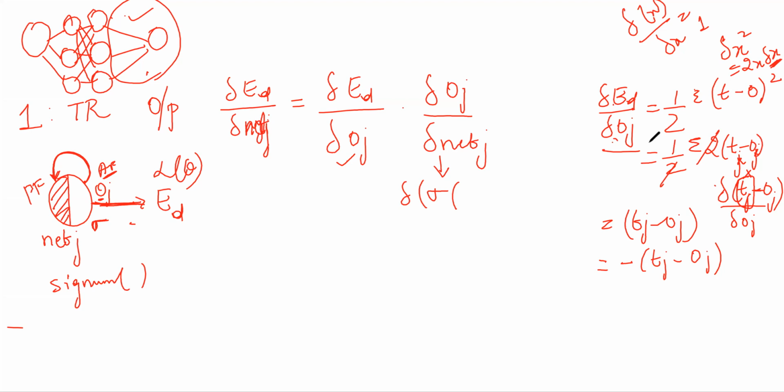Please do recall on what am I applying this sigmoid function. If you remember, the signum output is equal to signum of something. What is that something? Don't you remember that?